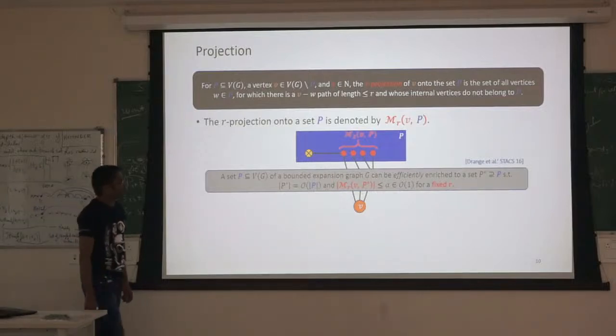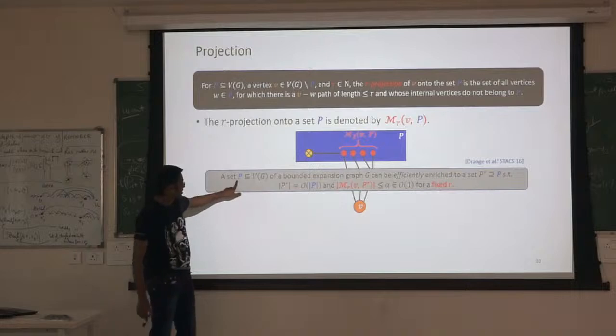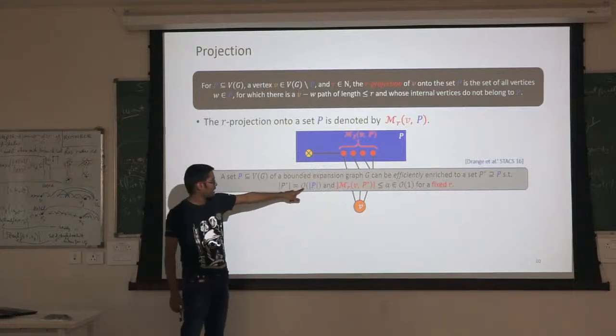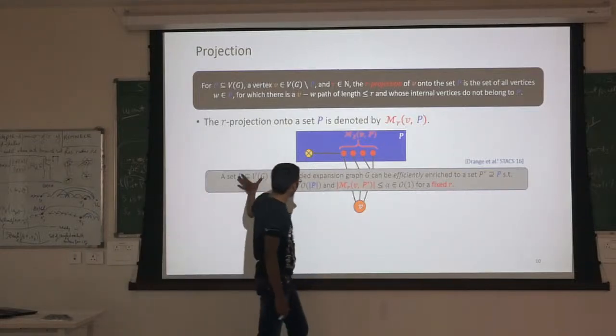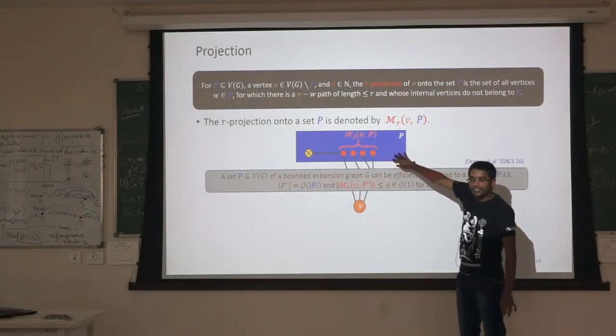Now what we know about the bounded expansion graph class is that this set is not large. As in, you start with the set P in a bounded expansion graph class, then you can efficiently enrich this set.